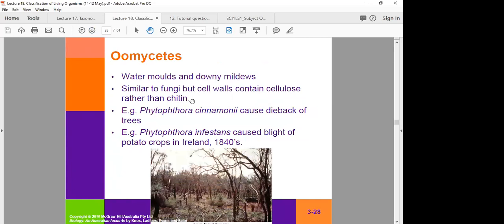Two examples of the oomycetes are shown here. Phytophthora cinnamomi, which causes extensive dieback of trees, and Phytophthora infestans, which caused the famous Irish potato famine in the 1840s.